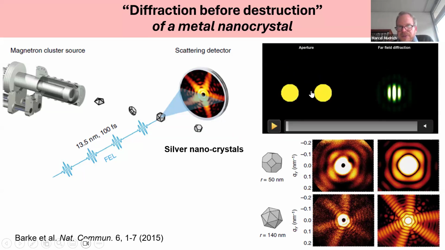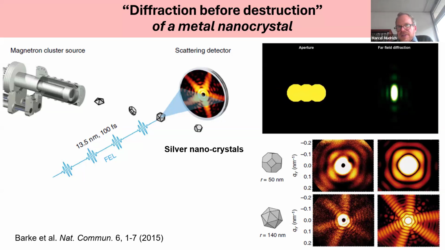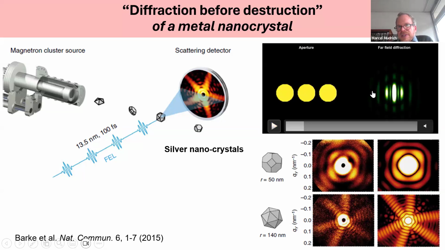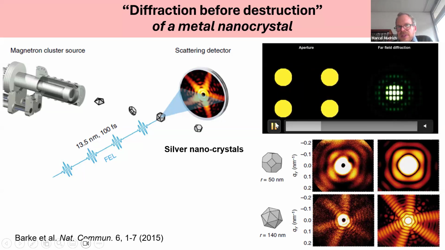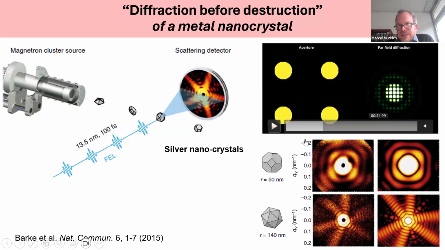Yeah, for an arrangement of 2 apertures, this is already, let's say, the first step towards a regular periodic lattice. Then the diffraction starts looking already a little bit periodic. If it's 3, then it becomes even more periodic. If it's 4, yeah, this is more like the crystal lattice. This looks more like the lower diffraction pattern.